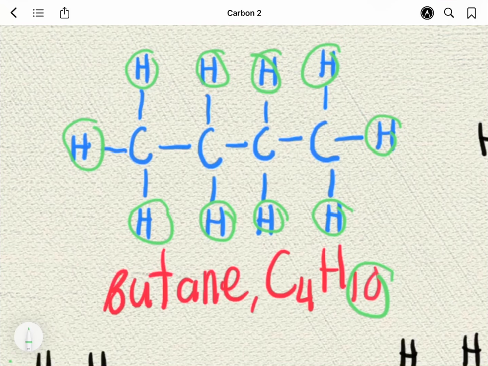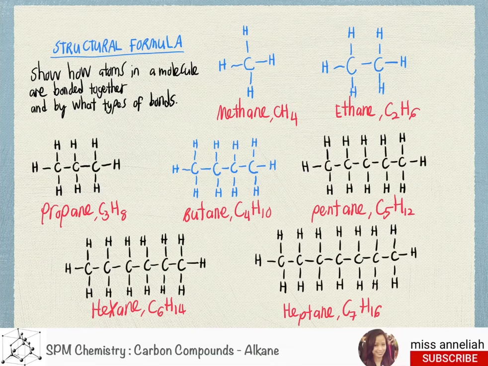So again, we don't have to count how many hydrogen we are writing, but as long as we are writing a maximum of 4 bonds around each carbon, we will definitely get the correct number of hydrogen that matches the molecular formula. We can see here the structural formula for the first 7 alkanes, which are methane, ethane, propane, butane, pentane, hexane, and heptane. And the same way, we can draw the structural formula of any alkane.